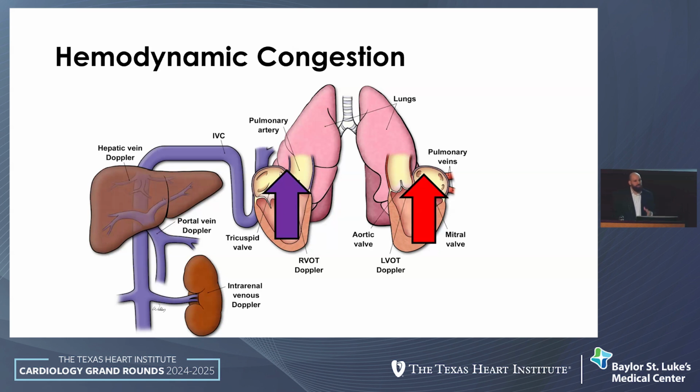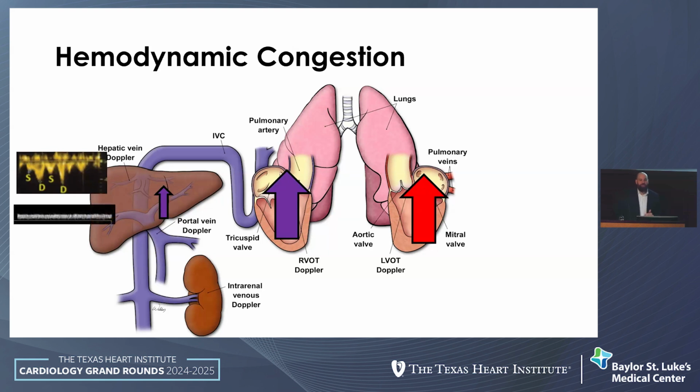And so if you've floated a swan in this patient, you will notice high filling pressures, a high wedge, a high right-sided filling pressure, but the hepatic vein may only be slightly abnormal or normal, and the portal vein will be completely normal. Reflexively, what would we do with a high wedge? We'd diurese, right? But in fact, probably what's better for this patient is afterload reduction and a little positive pressure.